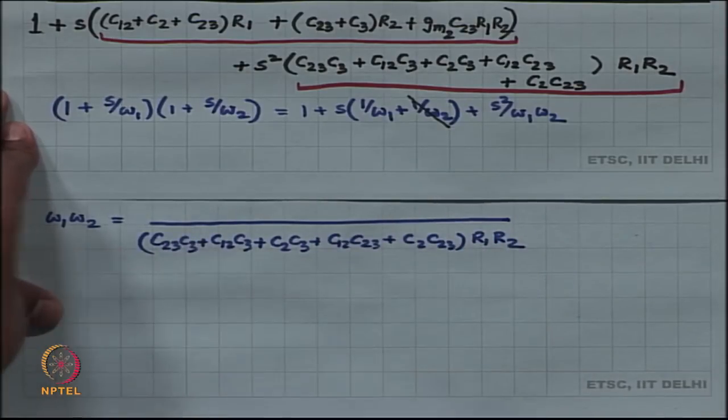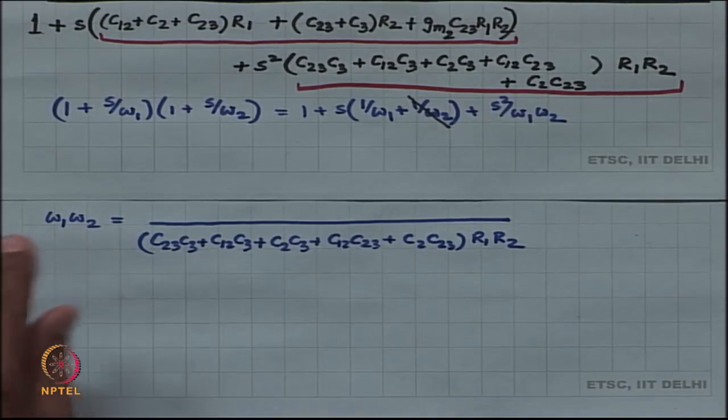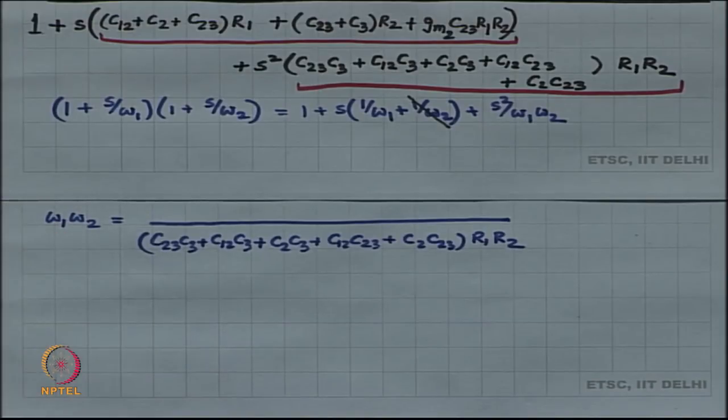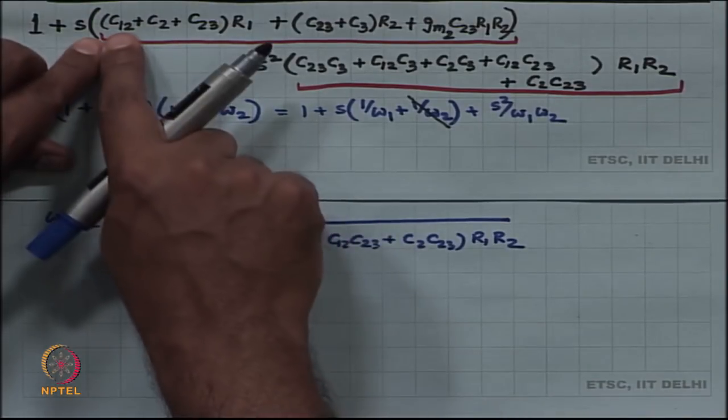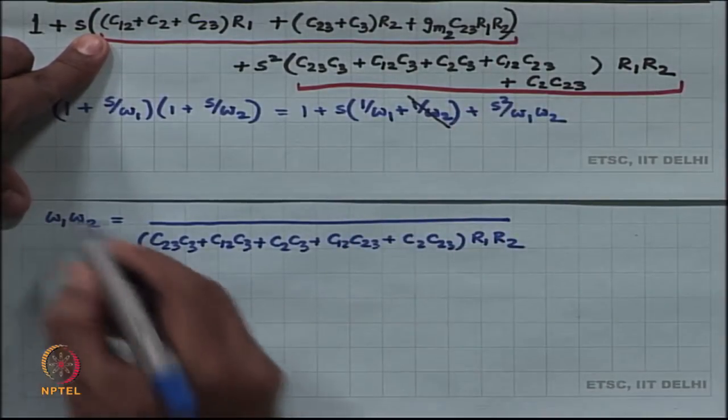This is omega 1 omega 2, but I am not interested in omega 1 omega 2, I am interested in omega 2. Omega 2 is omega 1 omega 2 times 1 by omega 1, and 1 by omega 1 is nothing but this second coefficient.